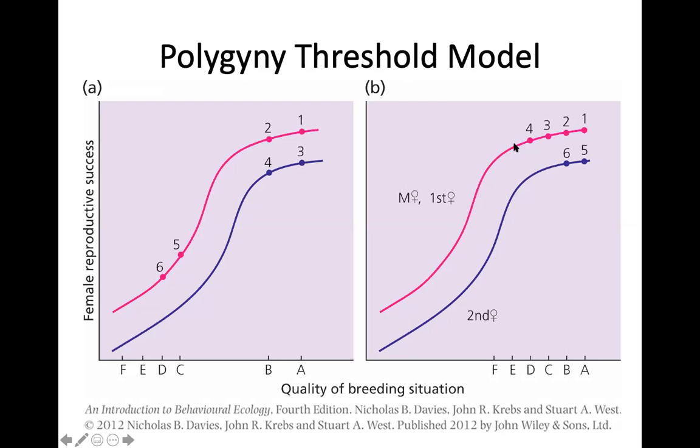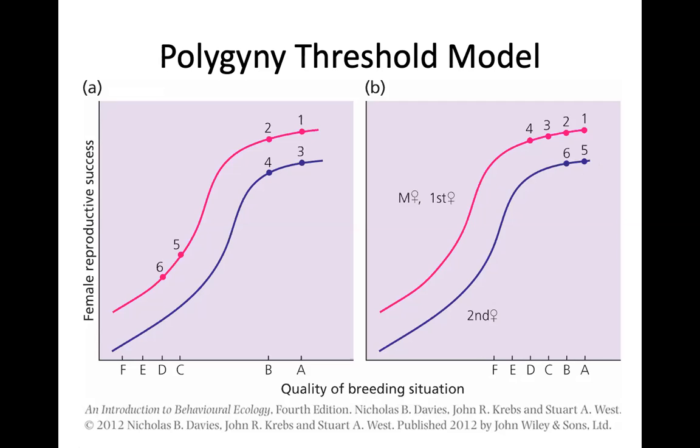such that to be the first female in E, and we would have to draw straight lines on the graph here, presumably that's lower than being the second female in territory A. And like I said, you would have to draw vertical lines and see where they cross these lines. So in this way, it's kind of like the ideal free distribution.